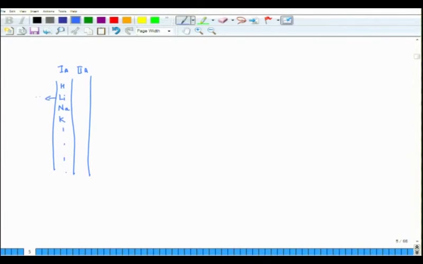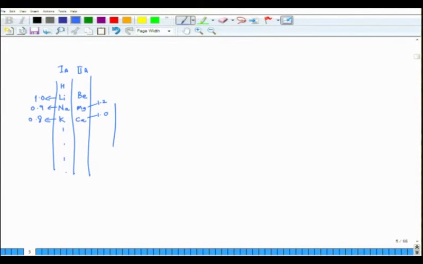Lithium has an electronegativity of 1.0, sodium has an electronegativity of 0.9, potassium has an electronegativity of 0.8. In the second group we start with beryllium, then we have magnesium, then we have calcium. Magnesium has an electronegativity of 1.2, calcium has an electronegativity of nearly 1.